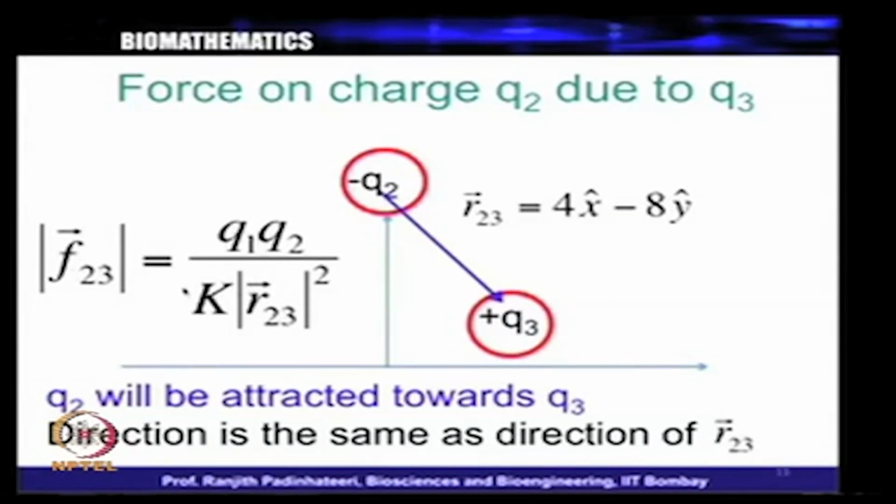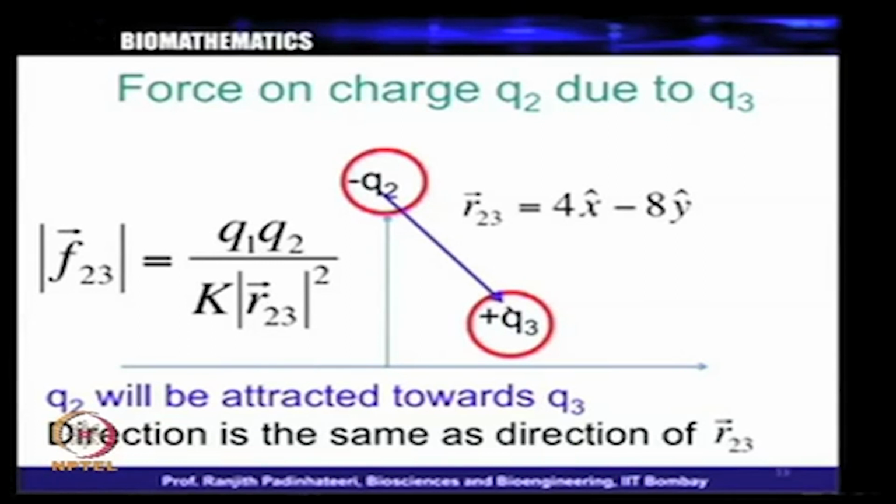What is the direction of the force? We know that if you fix this charge here, this charge will be attracted towards this charge. Q2 will be attracted towards Q3. So, the direction will be this direction, which is the same direction as that of R23. So, R23 is along this direction and F23 also will be along the same direction.